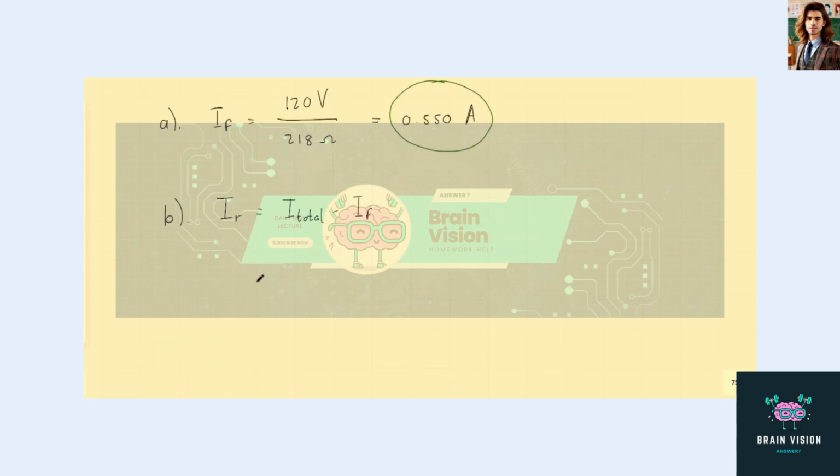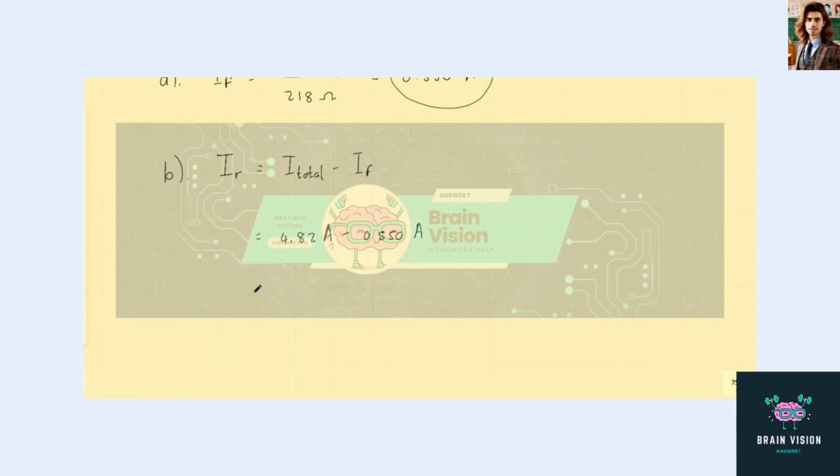So it's I total minus IF, which is the current drawn from the line, 4.82 amperes, minus IF, 0.55 amperes, which gives us the rotor current to be 4.27 amperes. And that's the current across the rotor coils.